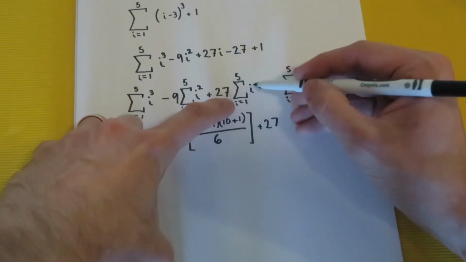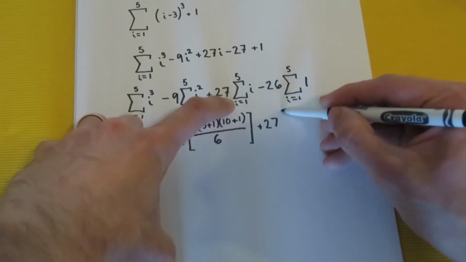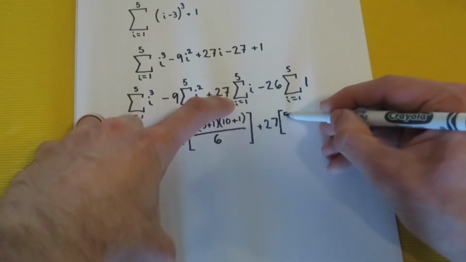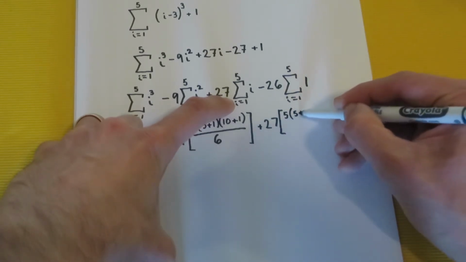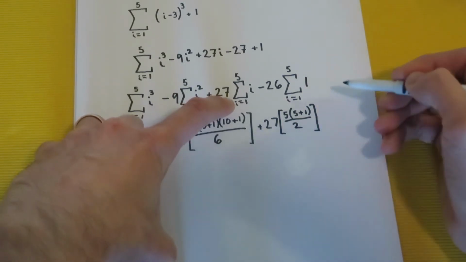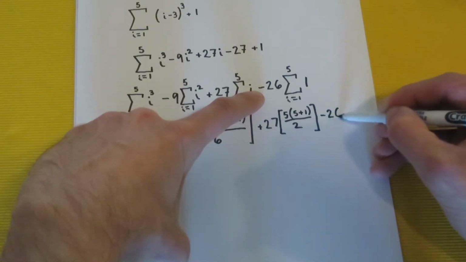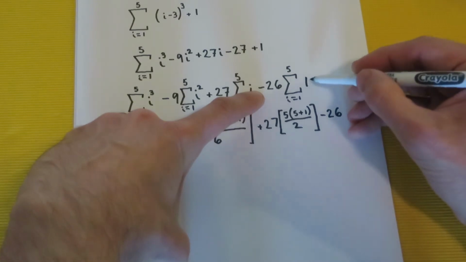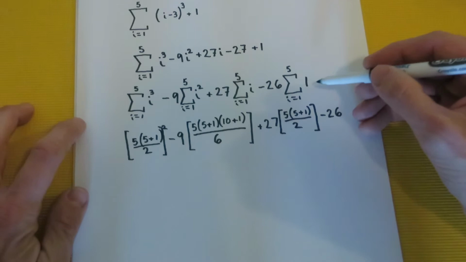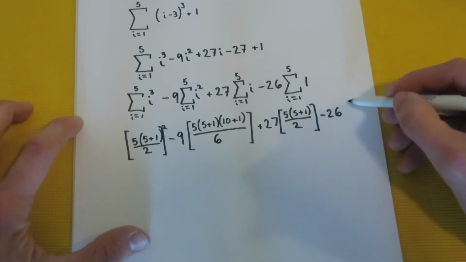The summation from 1 to n of i, which is just n times n plus 1 over 2, or in this case 5 times 5 plus 1 over 2. And then we have a minus 26. And anytime we have a 1 here in our summation, that's just going to be multiplied by n. And in this case our n is 5, so that's 26 times 5.